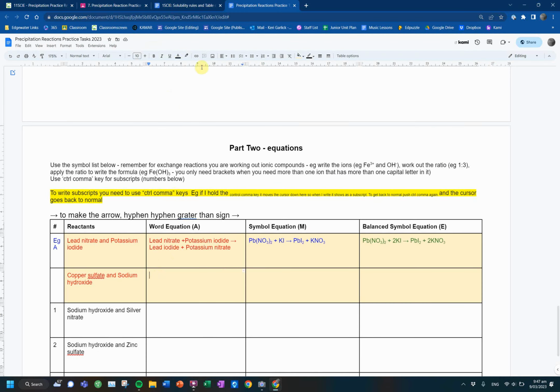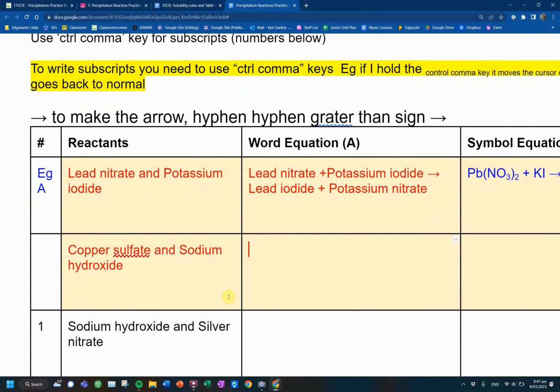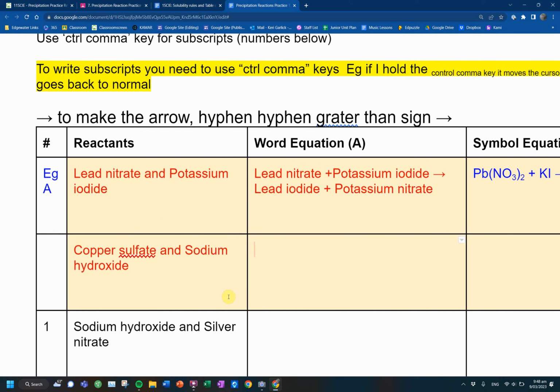So we'll start over here. We're mindful, what do we need to do for the achieved? All right. Now, for the achieved, nice and easy, we are taking the information that we had at the start of our sheet, and we're just copying it down. So you're writing your reactants, copper sulfate plus sodium hydroxide. It's important that we're using the plus sign because that's how we communicate in chemistry.